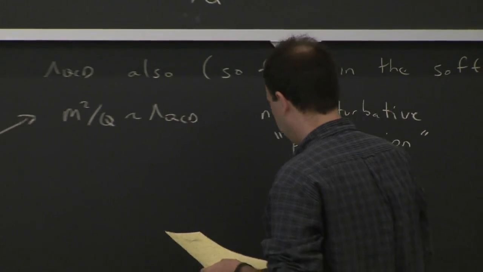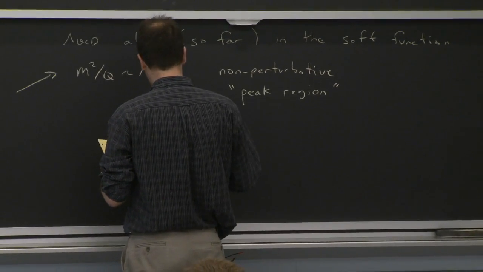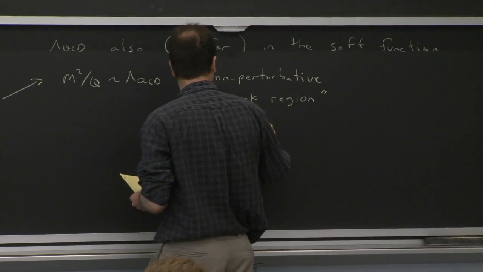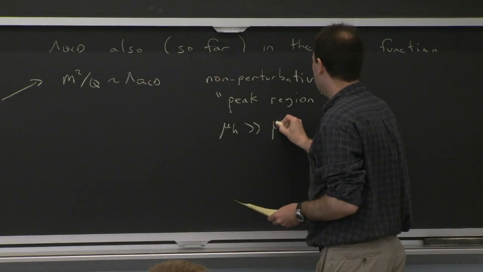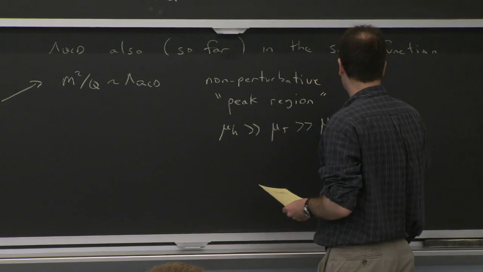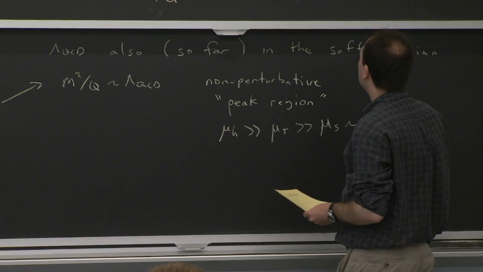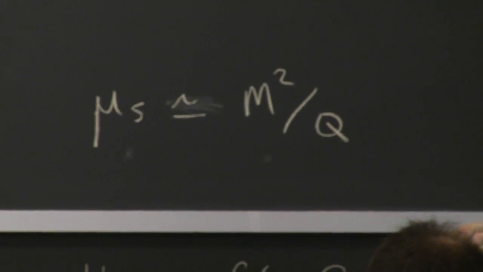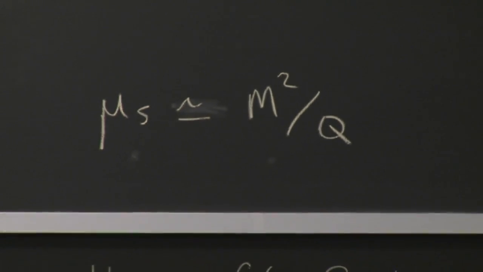In this region, you have the following hierarchy: mu h is much greater than mu j, mu j is much greater than mu s, but mu s is of order lambda QCD. If we take this to always be true, then we're in this situation.